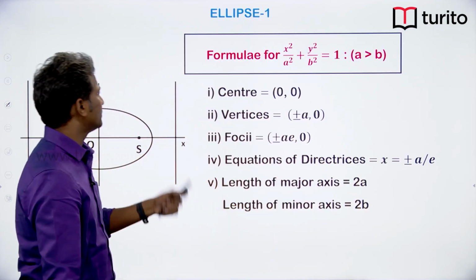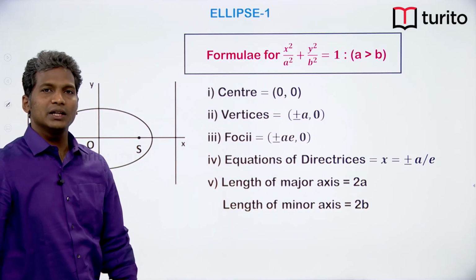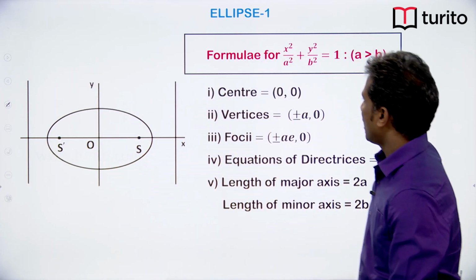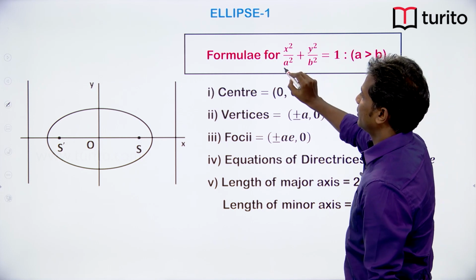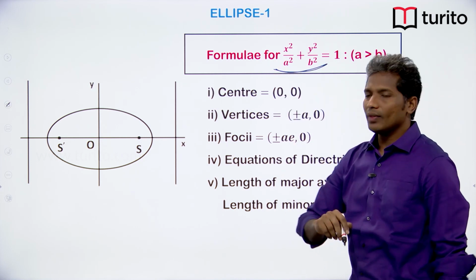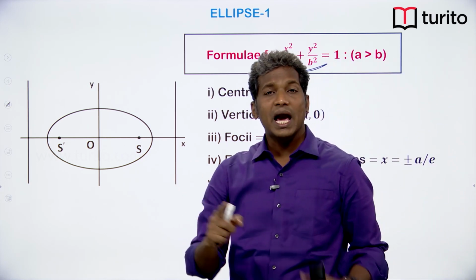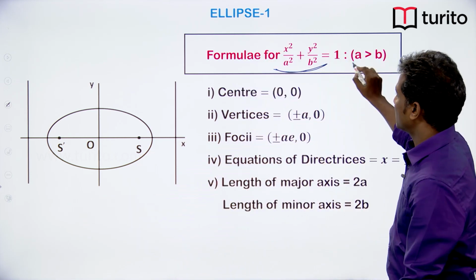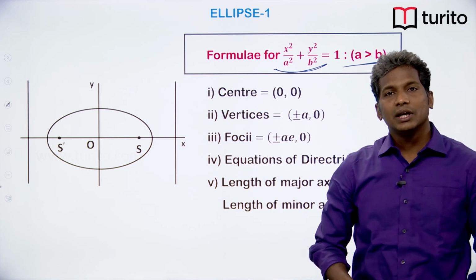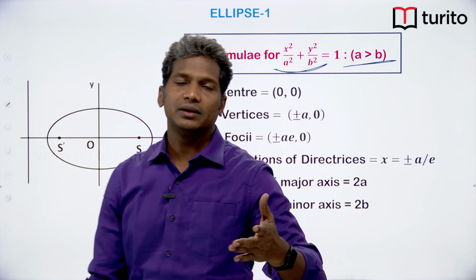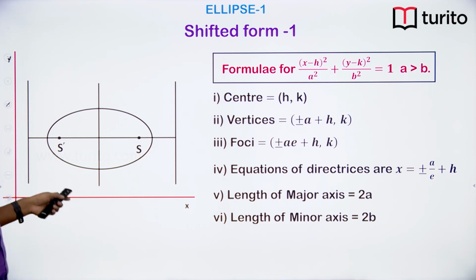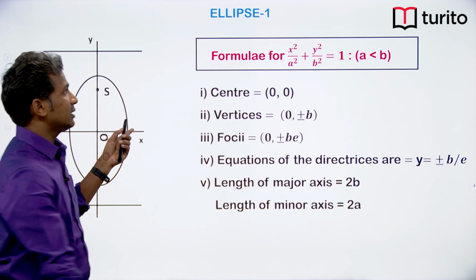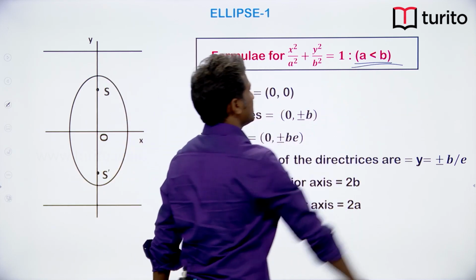This is the standard ellipse that we generally use 90% of the time to solve questions, and whenever we are writing this equation, if our major axis is the x axis, then a must be greater than b. If b is greater than a, then the ellipse will look somewhat like this. So here observe this, a is less than b.